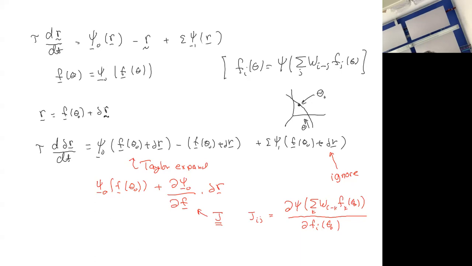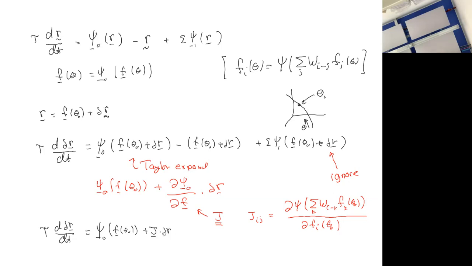And when we do that, we get tau d delta r dt equals psi naught of f of theta naught plus J dot delta r.